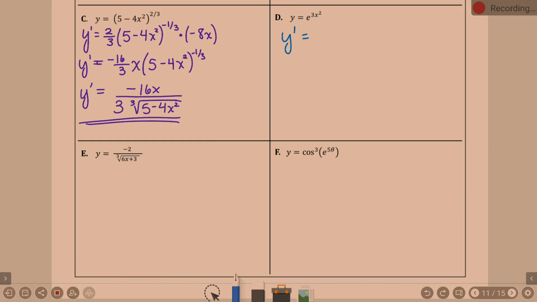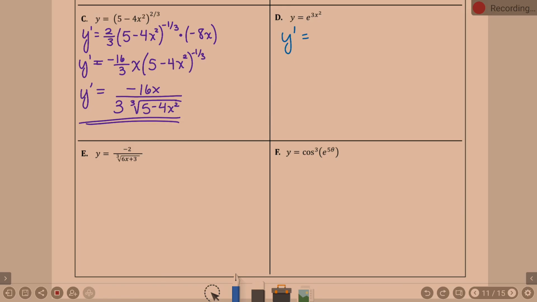That's what the top looks like, the top part you showed us. Well, okay, so the top part talks about g prime of x, so the derivative of g of x times e to the g of x. So it'd be 6x e. Continue. 6x e and then 3x squared to 3x squared.